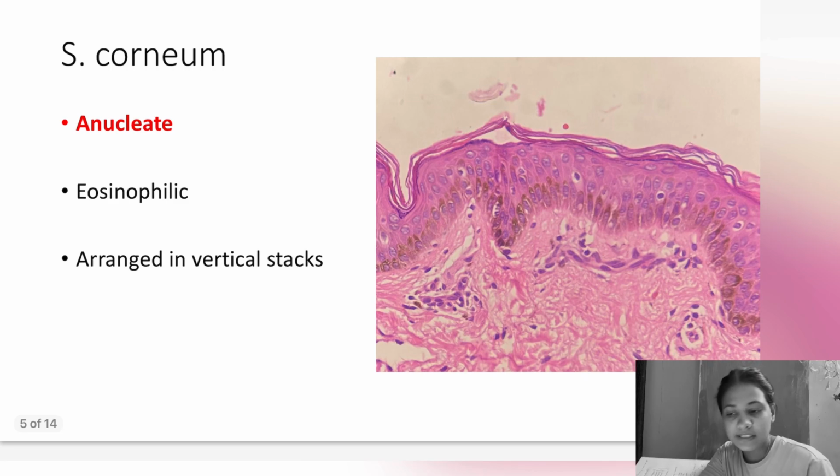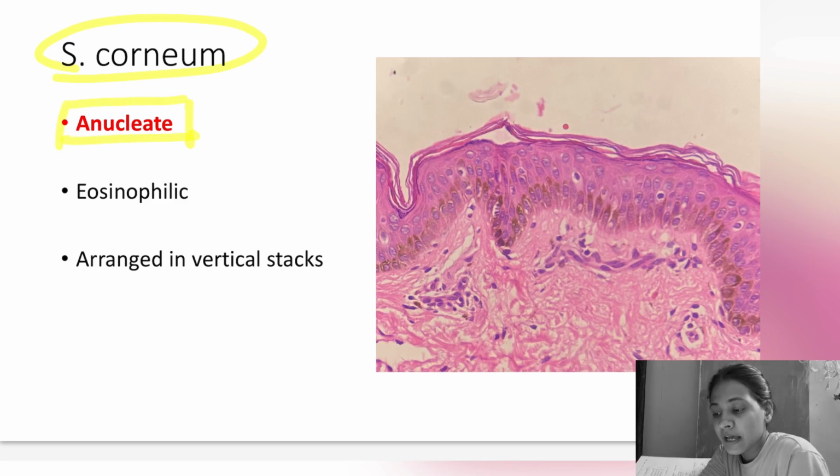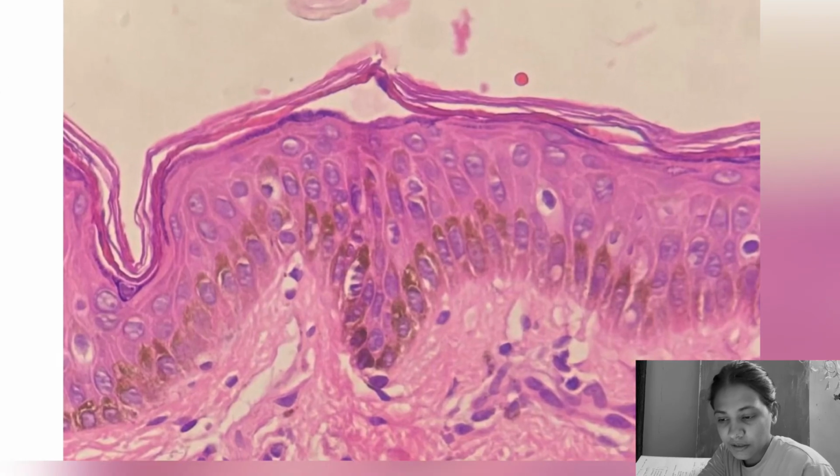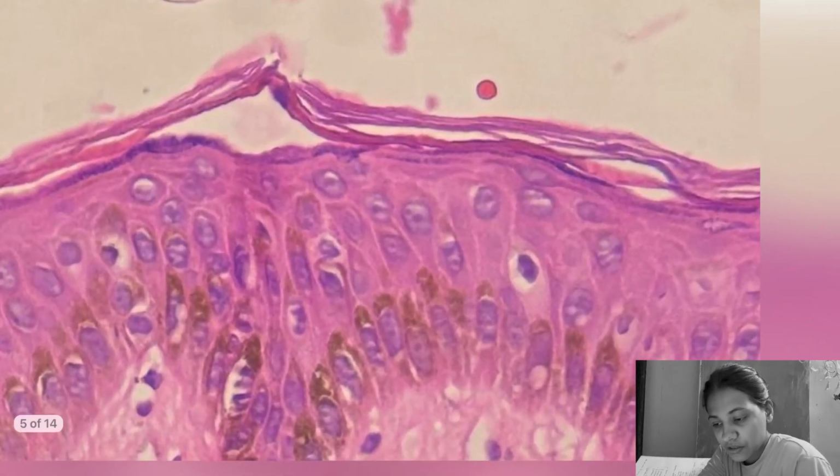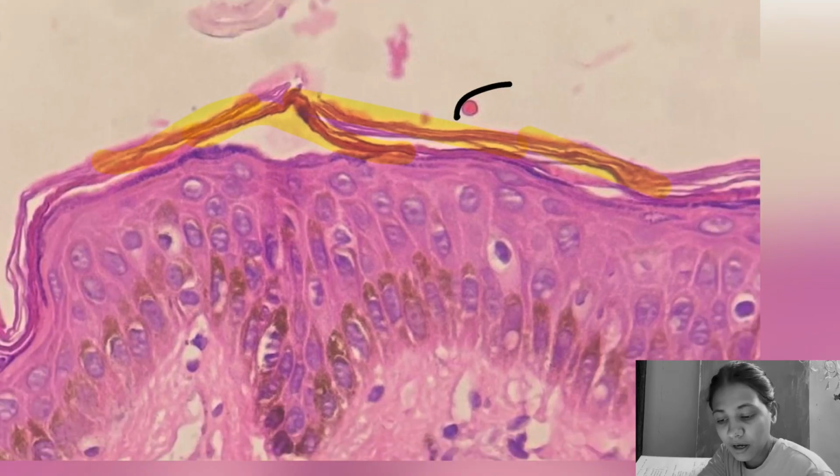So coming to the first layer, which is the stratum corneum. One of the most important things here is that it is an anucleate layer. Anucleate means no nucleus. If you see here, there are just streaks of keratin. There is no nucleus. So how does a nucleus look?